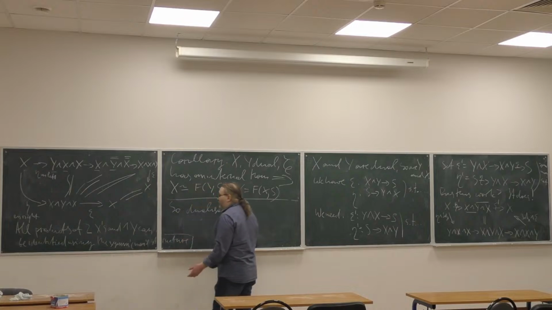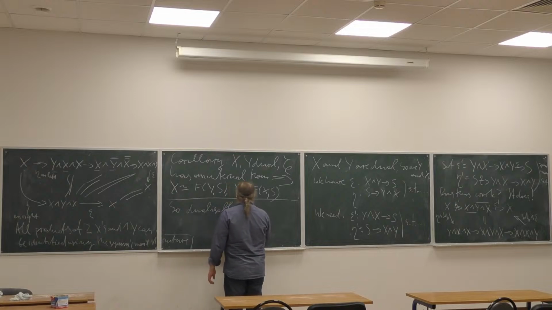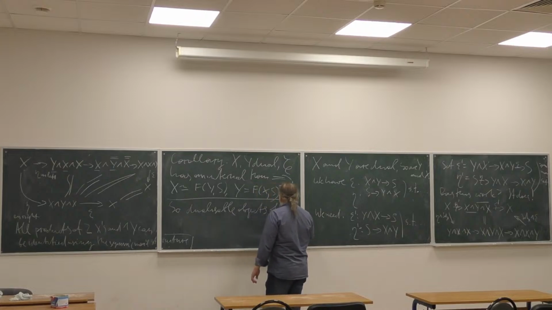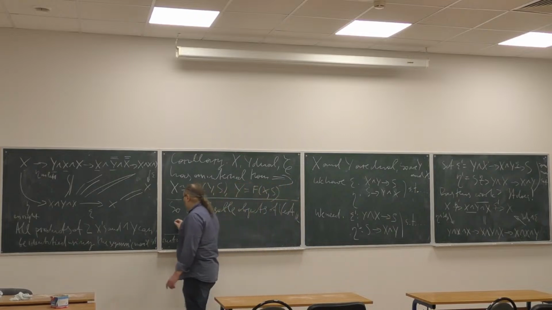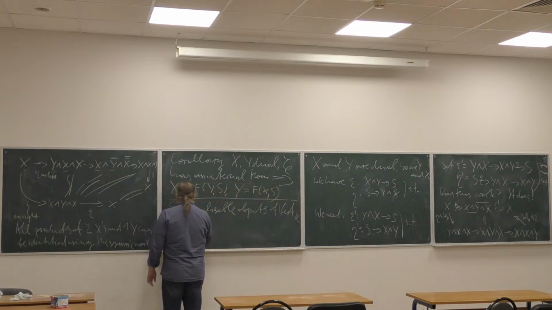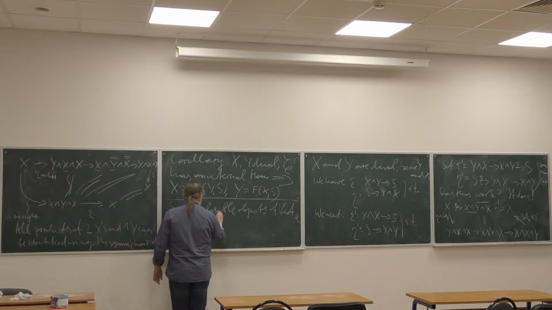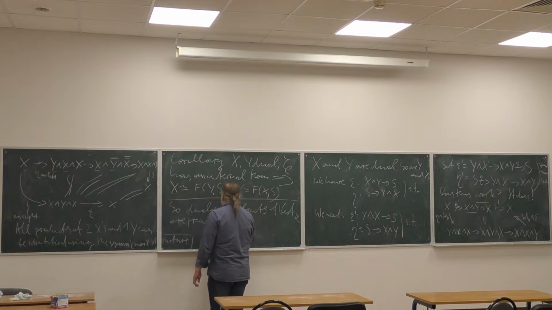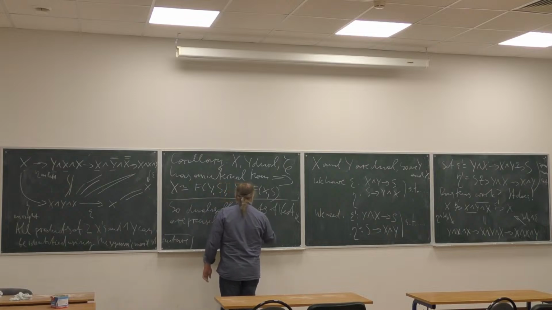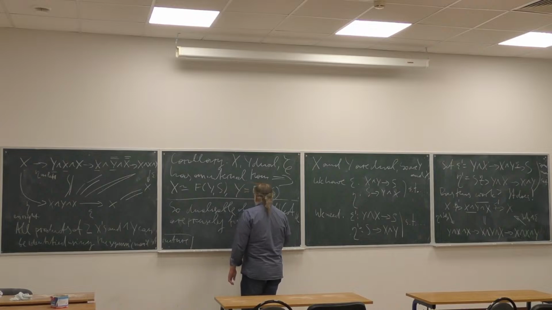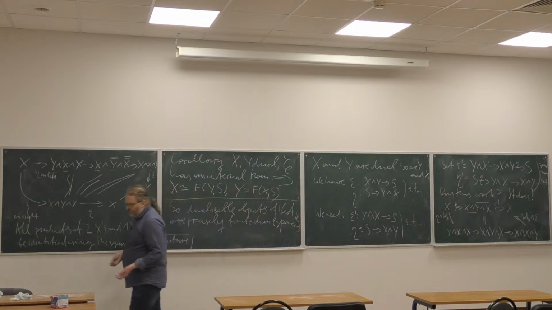So, dualizable objects of vector K are precisely those vector spaces which are finite dimensional.